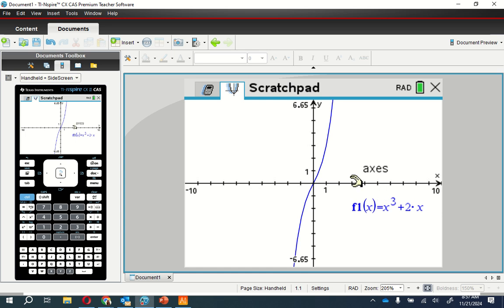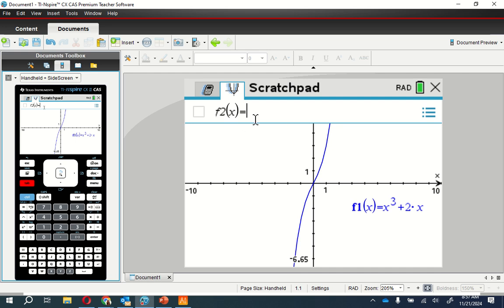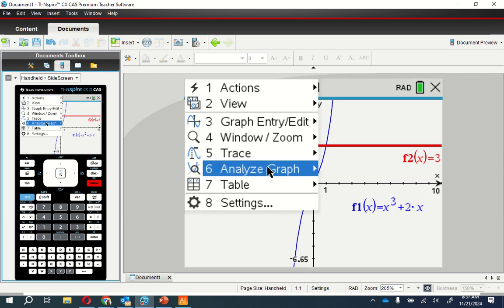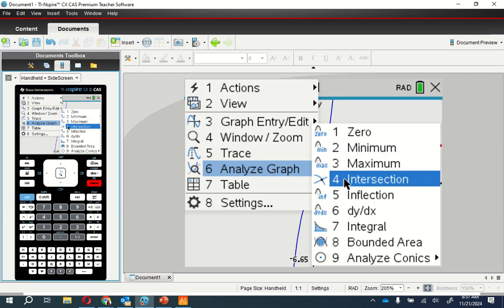Okay, so my y value is 3. So I could just go tab, and my y value is 3. I just put that in as 3. And I look to see where these two lines intersect. Menu. Intersection.